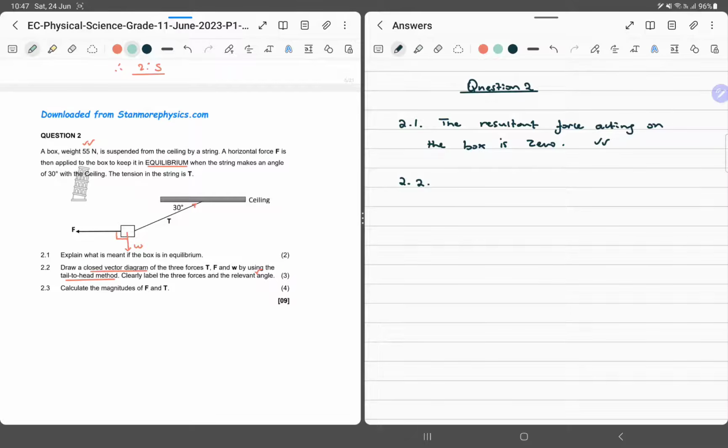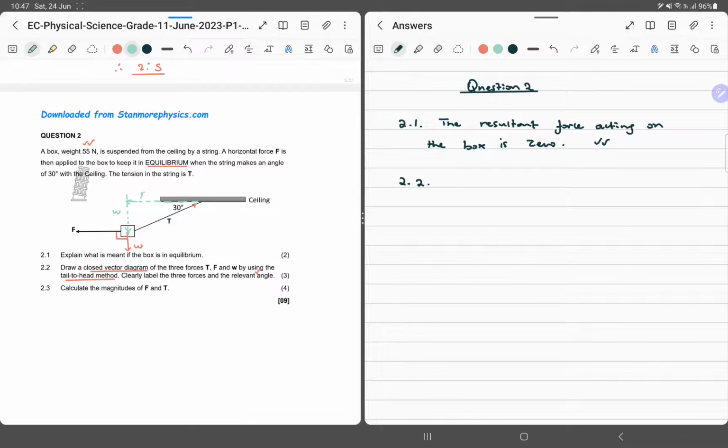So what I like to do is to shift forces. Since I know the weight is appearing here, I can actually shift it to appear on this side. So I've got my weight going down like that, and then I will shift that force from that corner to that end.